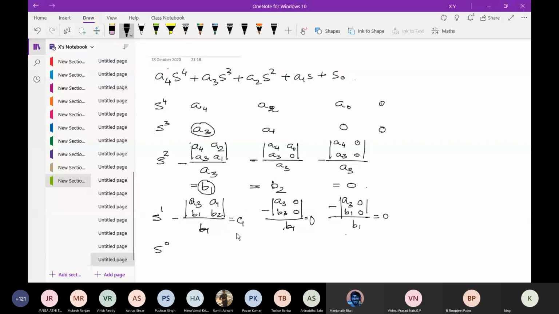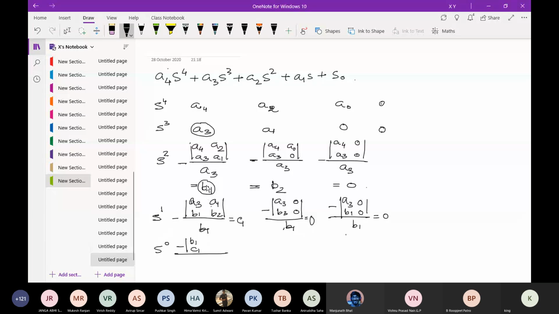So S0 will be again B1, C1, the first row.